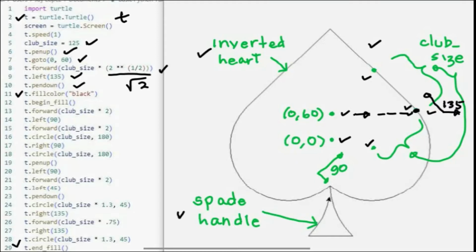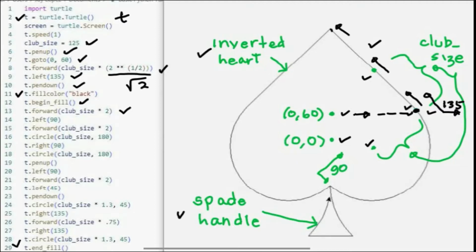I have the begin fill step here, number 22, and then I go forward club size times 2. Remember that the direction of the turtle is like this. So I go ahead, I draw that line there. The length of this line is 2 times club size.